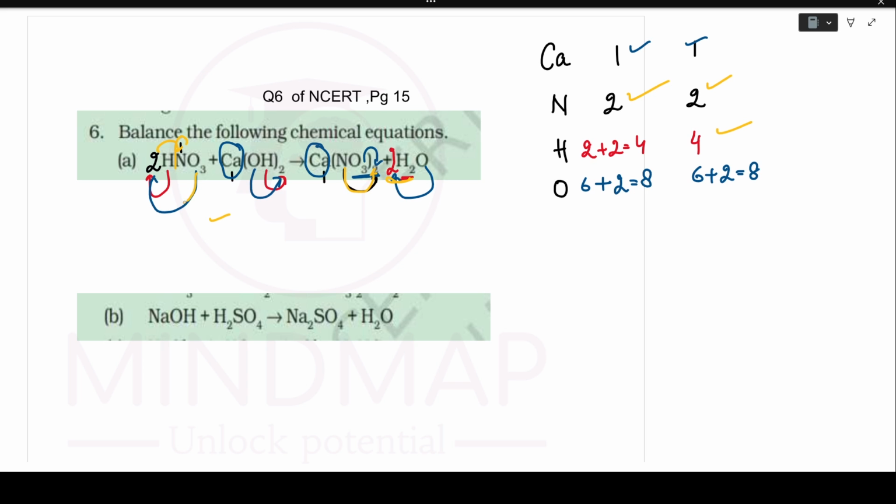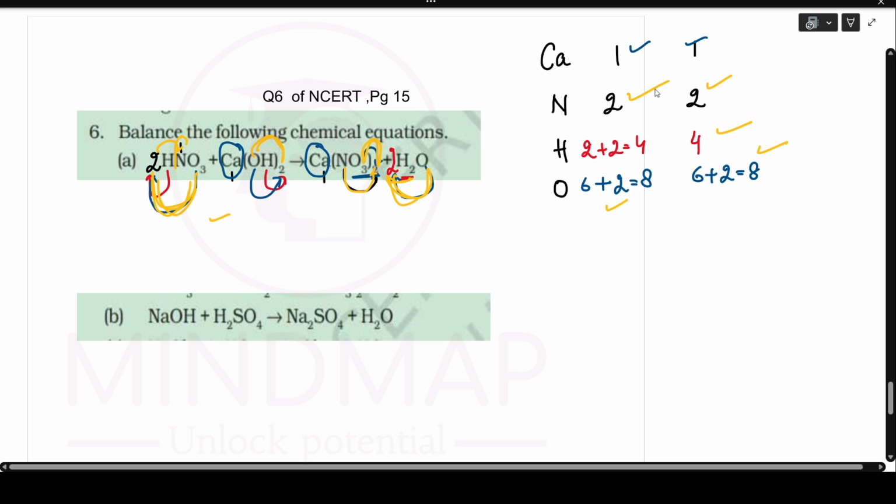Oxygen is 2 3s are 6 plus 2, so 8. And here oxygen is 3 2s are 6 plus ये वाला 2, तो 8. Okay? चलो next equation देख लो अब.